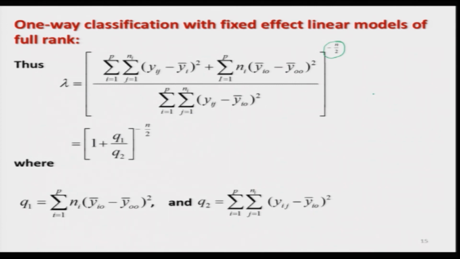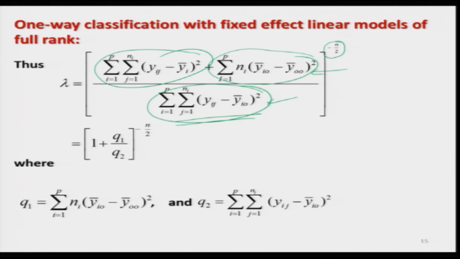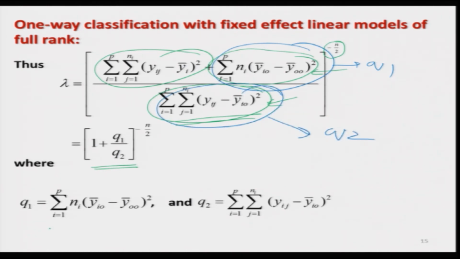You can see I have written exactly the same expression which I have just obtained, divided by this quantity, and now this quantity and this quantity are the same. So, if you simplify it, I can write 1 plus this quantity divided by the quantity in the denominator. So, I am just expressing it as 1 plus q1 upon q2 to the power minus n by 2, where q1 is this term and this is q2. Right, so this is how I have obtained it.